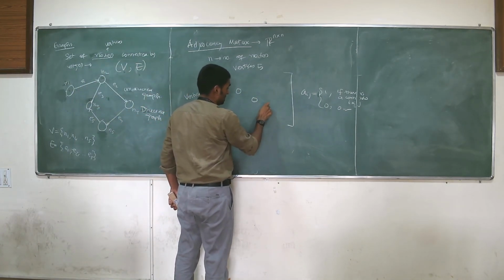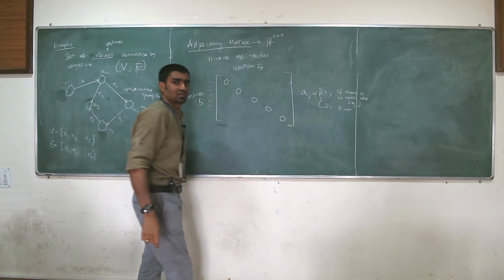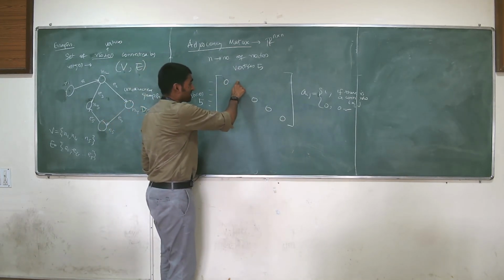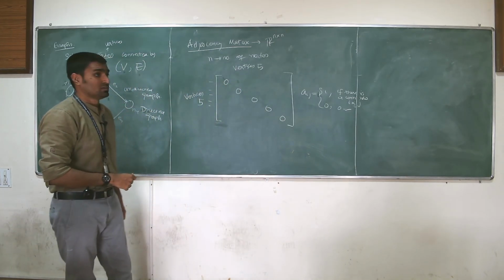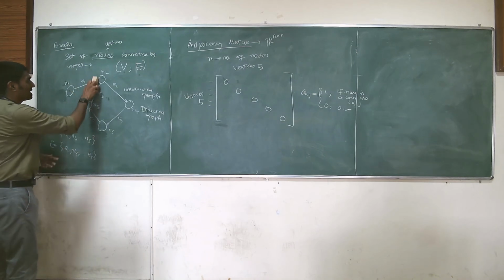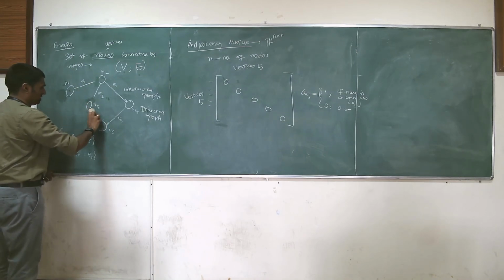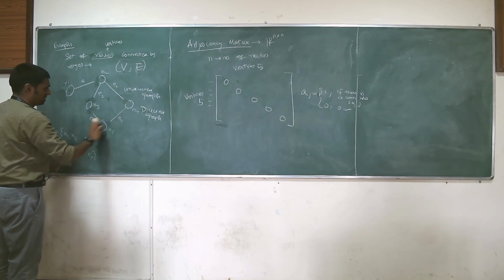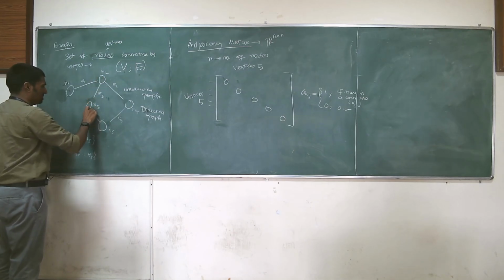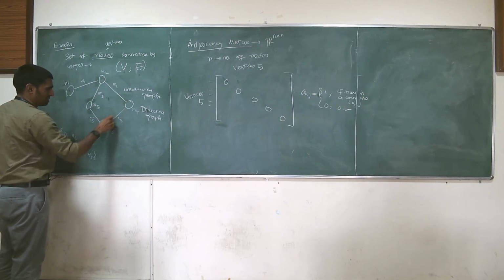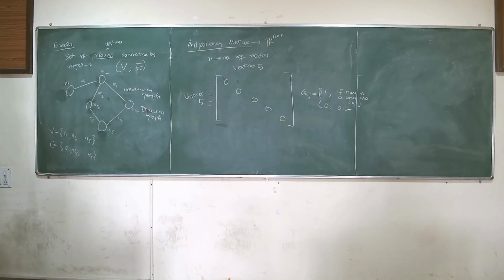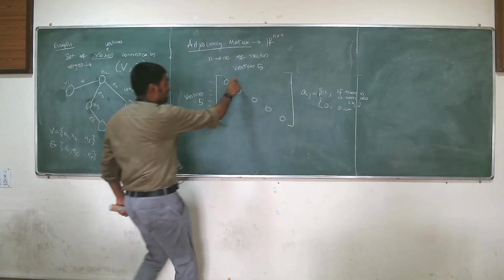2, 3, 4, 5. What can you say about A1,2? Well, we are dealing with undirected graphs. What is A1,2? That simply means is there a connection between node 1 and node 2? There is, right? So that's 1.